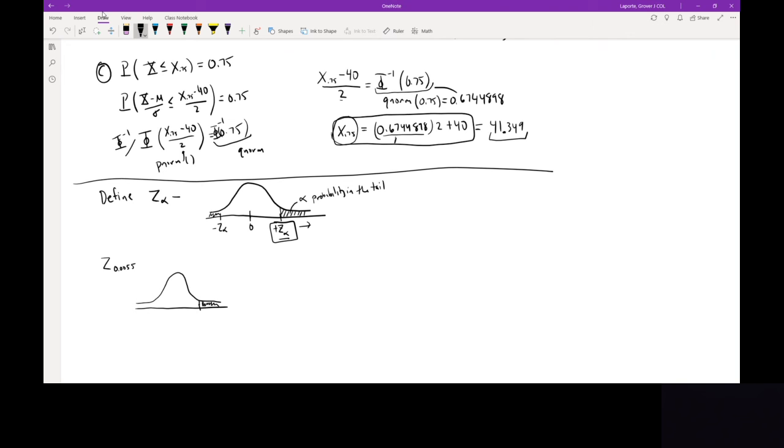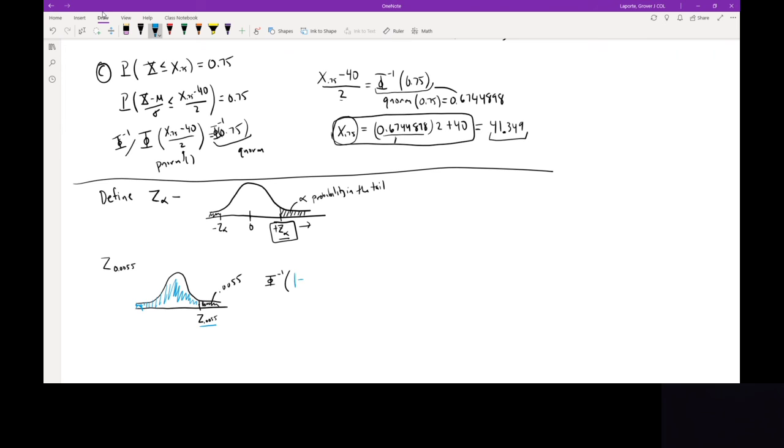So what I want is 0.0055 probability in this tail, and I'm looking for this value. How would I find it? Well, it's the inverse function. I can't put 0.0055 in directly, because that would give me a number way over here. I need to do 1 minus this, because that's the percentile, if you will, of this number.